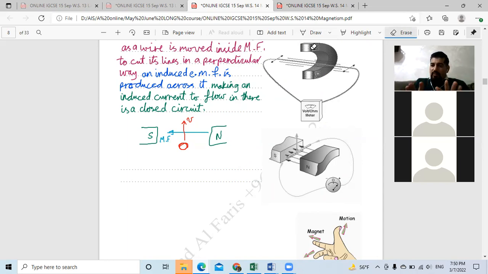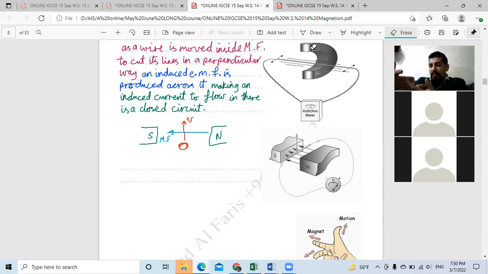And in this question, do not twist your whole arm. Rotate the paper that has the question to make it easier for your hand. So the first finger, as I told you, is the magnetic field. It's always from north to south, like this. And the thumb is the direction of the motion, going where? Upward.